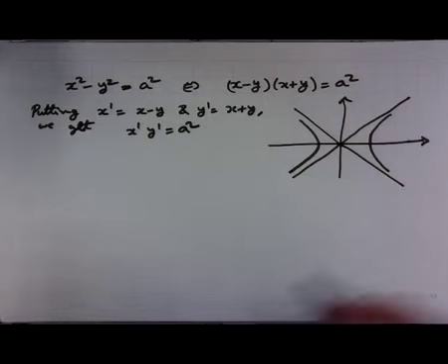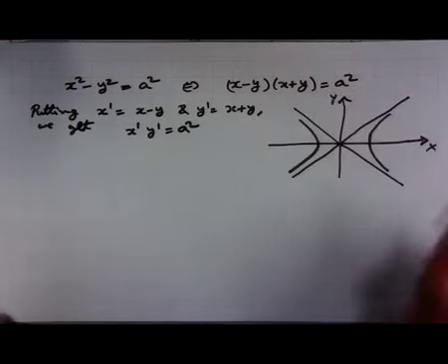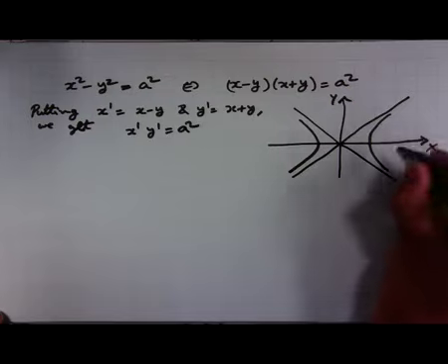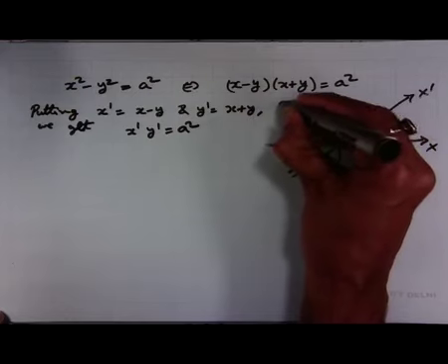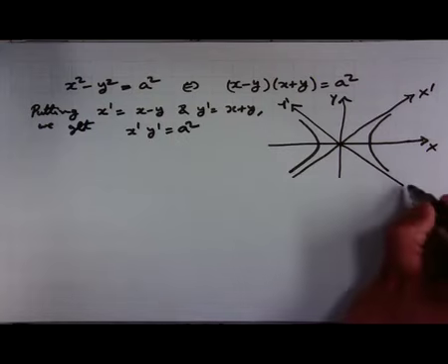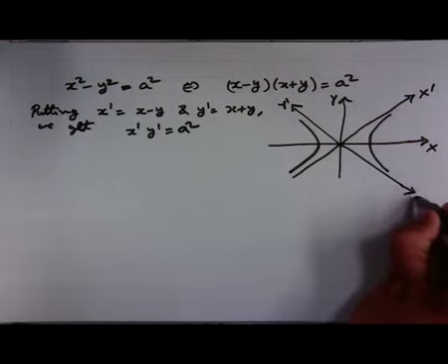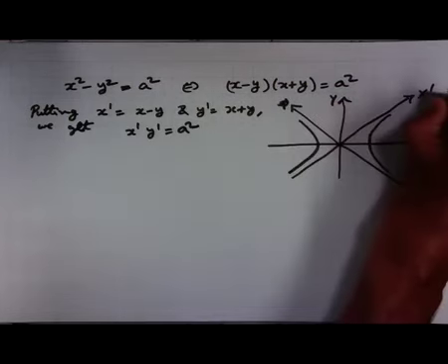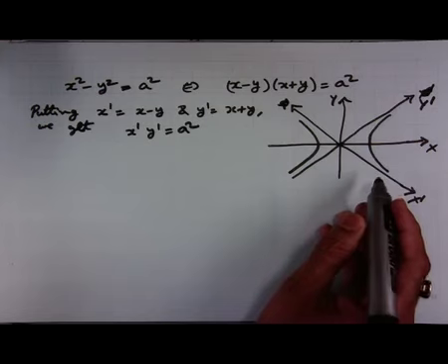So, that means what we are doing is, instead of taking these as the x axis and y axis, suppose I take this as x dash and this as y dash. Then we have x dash times y dash equal to a square.